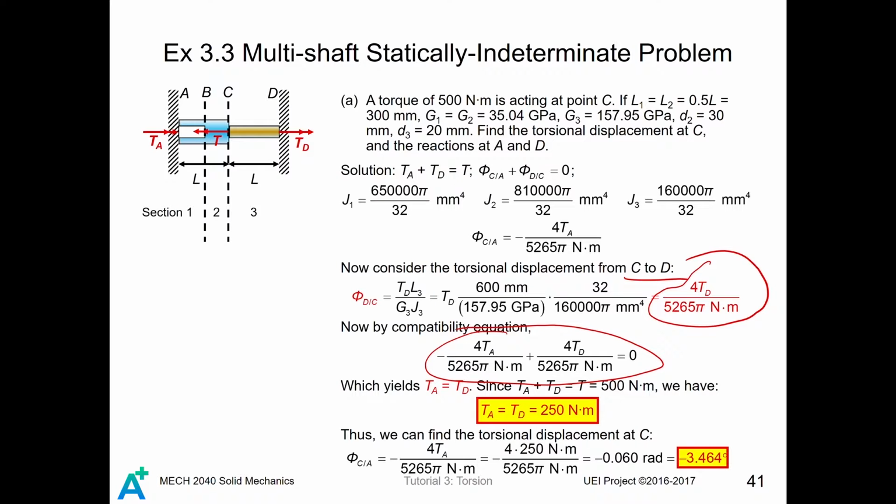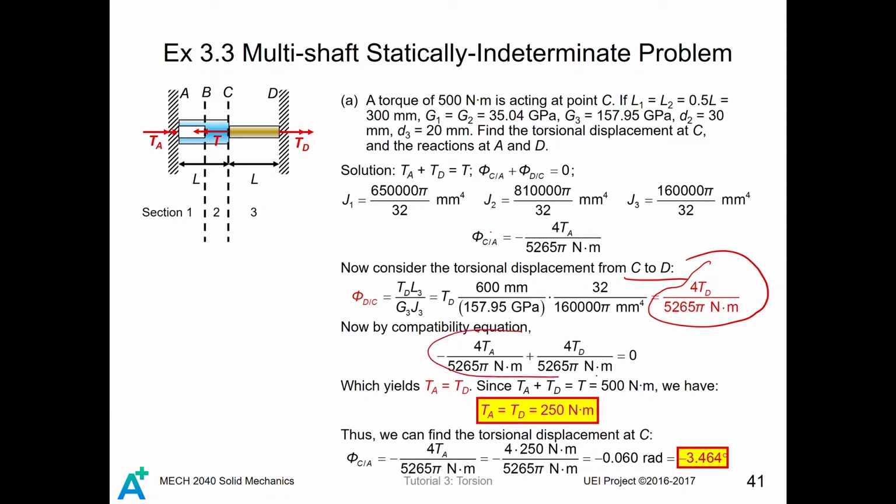That is, we substitute our torsional displacement of D relative to C as well as the torsional displacement of point C relative to A into this compatibility equation. Then this compatibility equation is converted to an equation of TA and TD, which are the two unknowns that we are going to find.